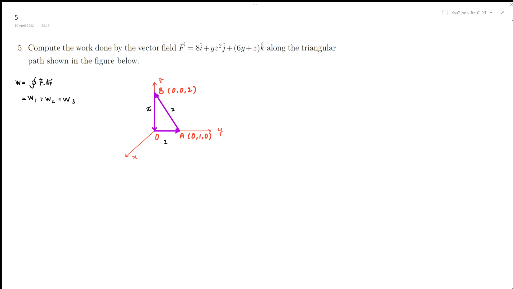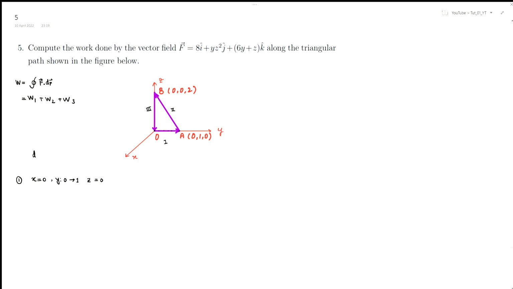Now to solve this, let us see what is happening in part 1. During part 1, you see the x value is 0 everywhere. Y is changing from 0 to A, and Z is also 0. So we write x is 0, y is changing from 0 to 1, and z is 0.